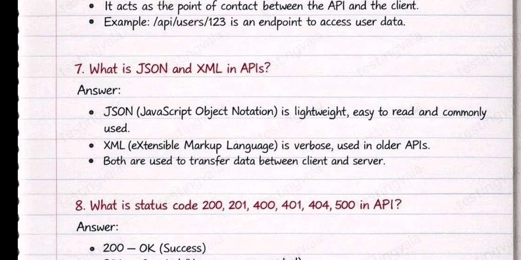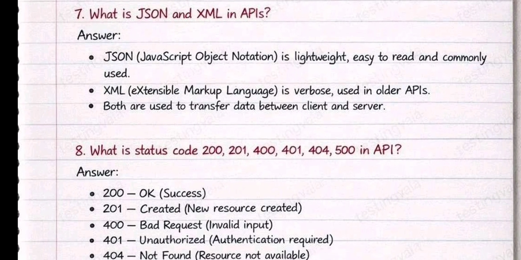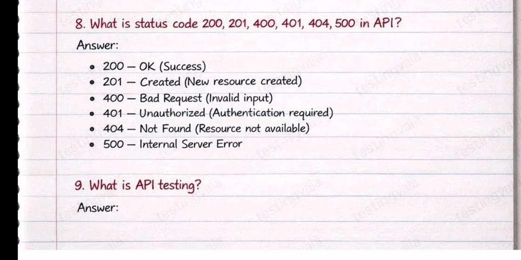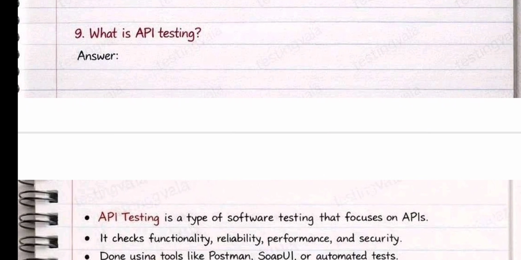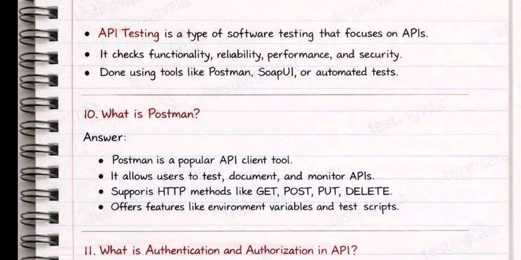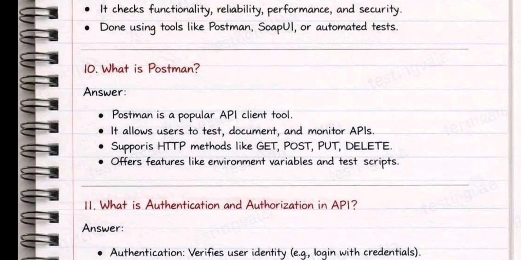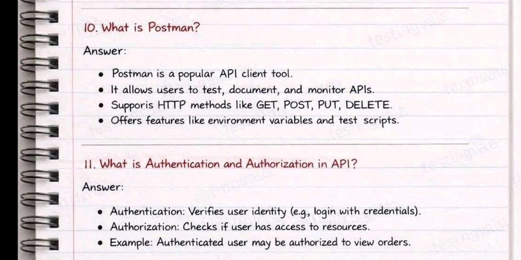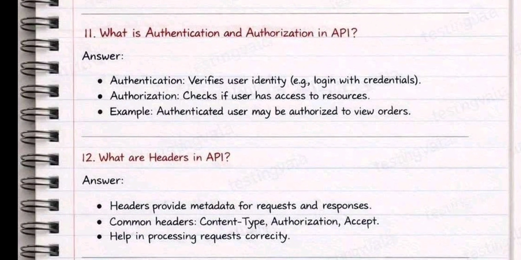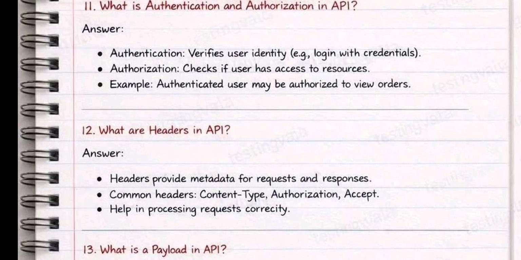What is JSON and XML in APIs? What do the status codes 200, 201, 400, 401, 404, 500 represent in API? What is API testing? What is Postman? What is authentication and authorization in API?